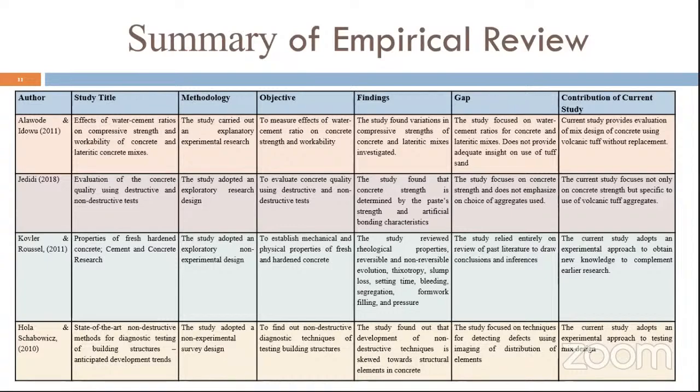Then the last column, I believe should not be here. After you have done the empirical literature review, you need to summarize the literature review section with a summary and what we call the research gap.